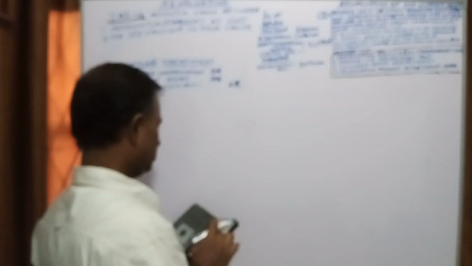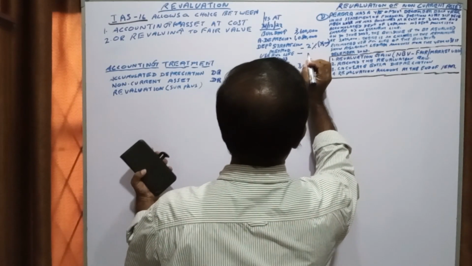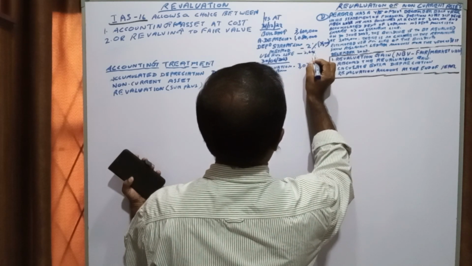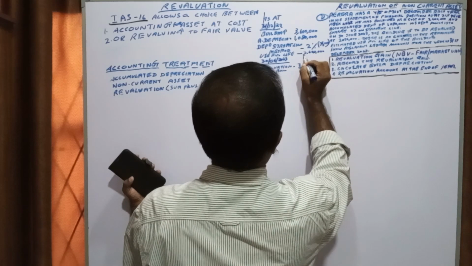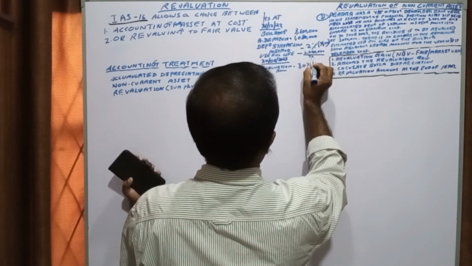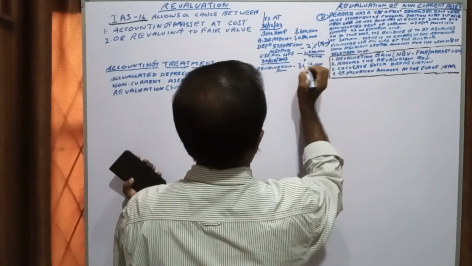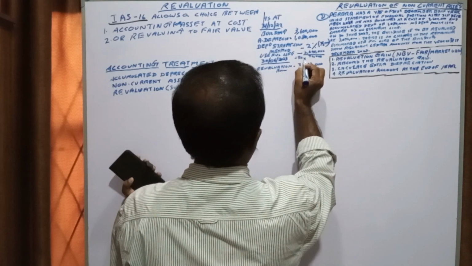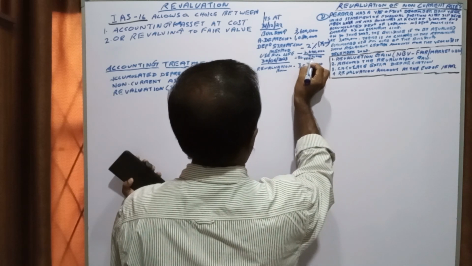Useful life is 3,600,000 divided by 72,000. Then it comes to 50 years.